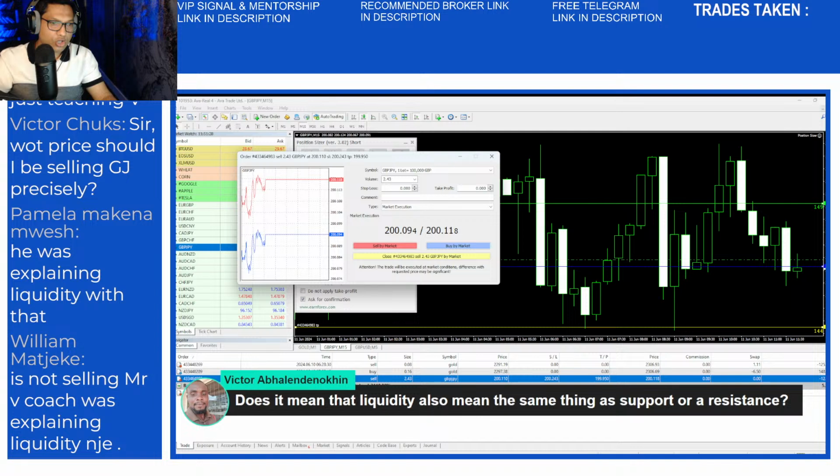So GJ, I'm short, TP target at 199.95, stop loss at 200.24, entered by market. So give me a feedback, guys, where you are at on GJ.